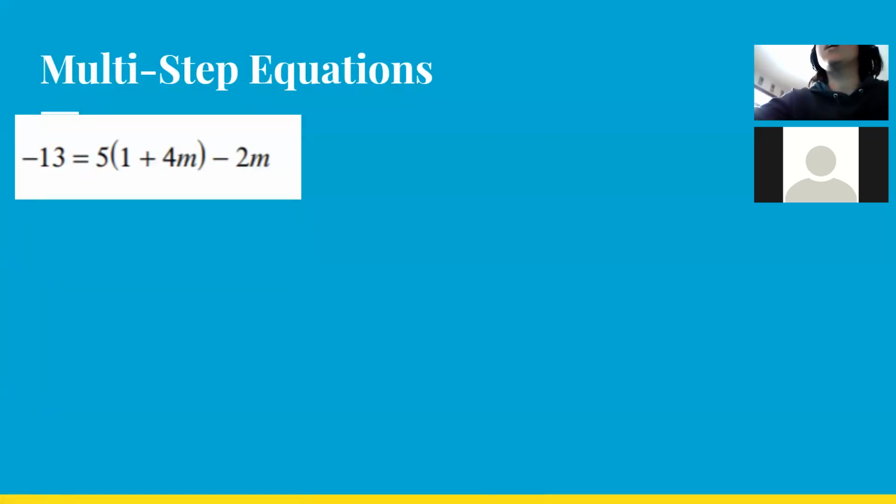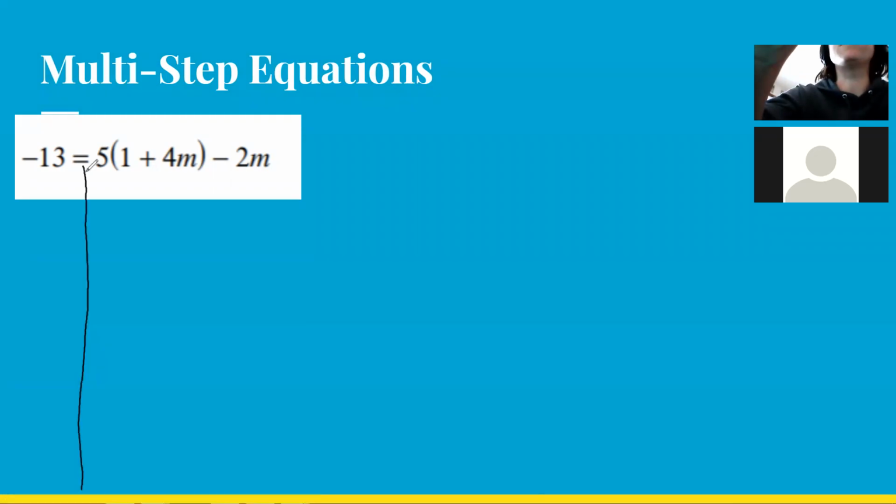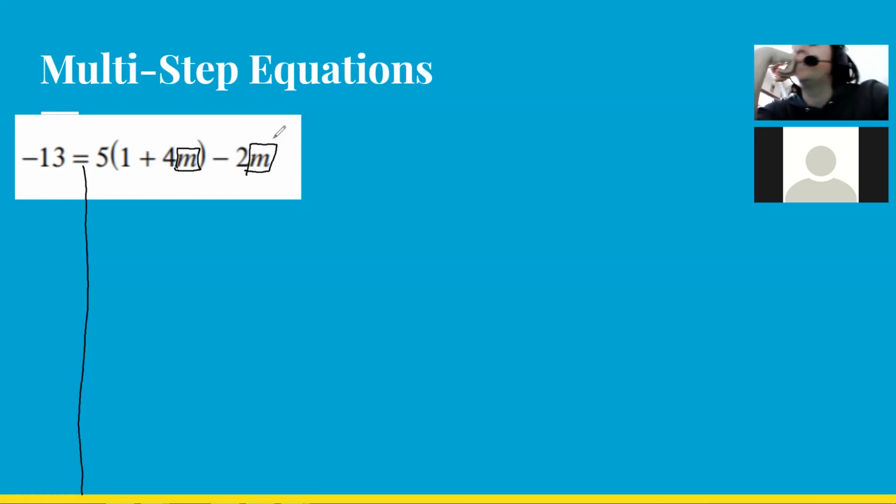Okay, let us practice this. I'm going to draw in sides of the equation and put a block around the variable. Okay, first step. What's our first step going to be here? What do we got to do? We have too many variables on the right side.